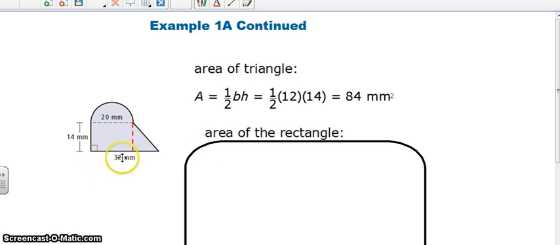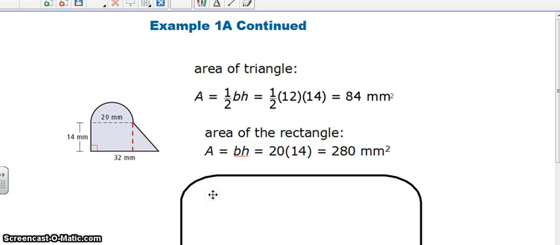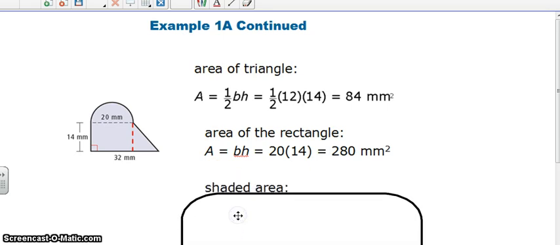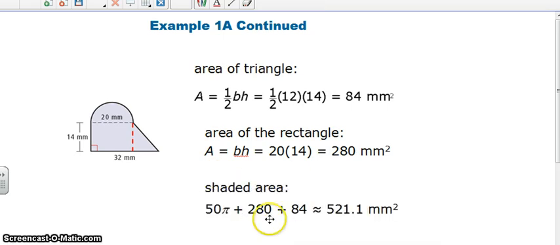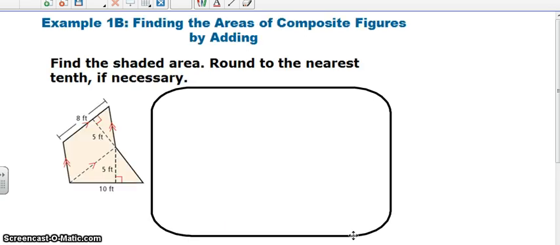But the rectangle would be 20 by 14, and they found that to be 280. These are all millimeters squared, right? And so once they have all of the pieces, combine them and multiply by your pi, right? And rounding it, we have a total combined composite area of 521.1 millimeters squared.